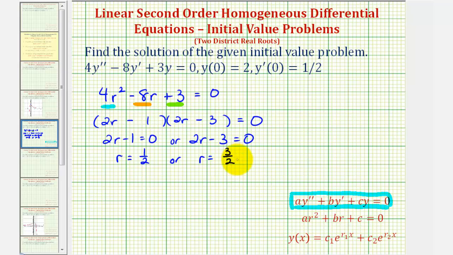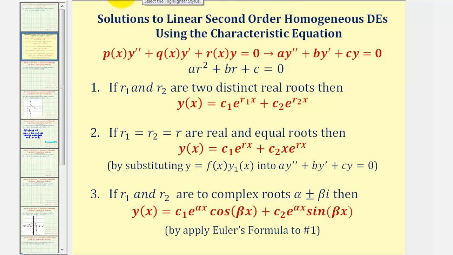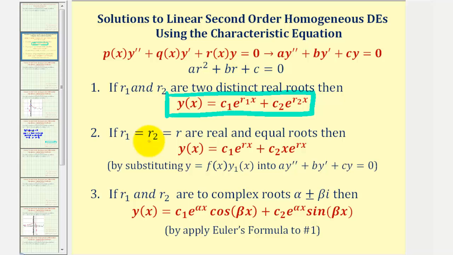Now notice that the characteristic equation has two distinct real roots, and this tells us the form of the general solution will be this form here. So for a quick review, if the characteristic equation has two distinct real roots, this is the form of the general solution. If the equation has two real equal roots, this would be the form of the general solution. Notice how the second term has an extra factor of x here.